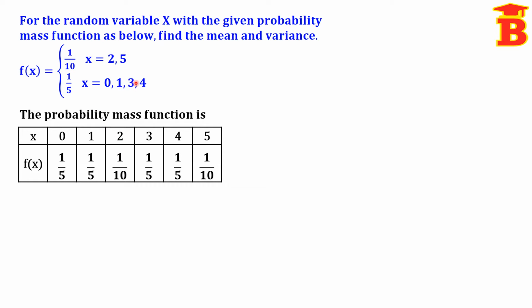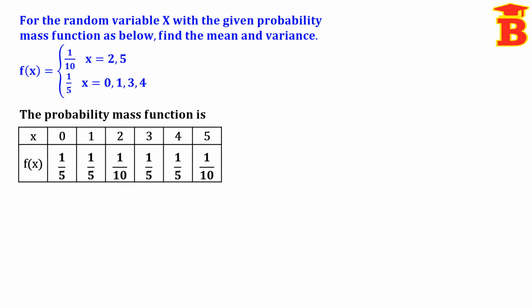And then for x is equal to 3 the value is 1 by 5. For x is equal to 4 also the value is 1 by 5. And for x is equal to 5 we have to take this value 1 by 10. So this is probability mass function.